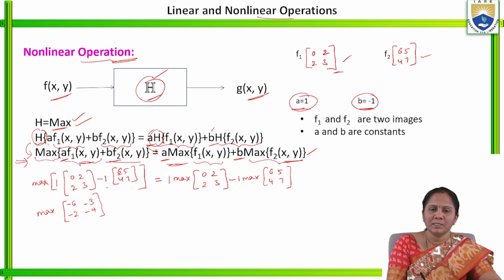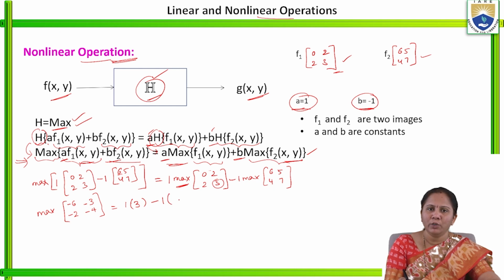After performing this operation, the right side is equal to 1 into the maximum of all these values. In 0, 2, 2, 3, the maximum value is 3. So let us consider 3 minus 1 into, in this case the maximum value among 6, 5, 4, 7 is 7.